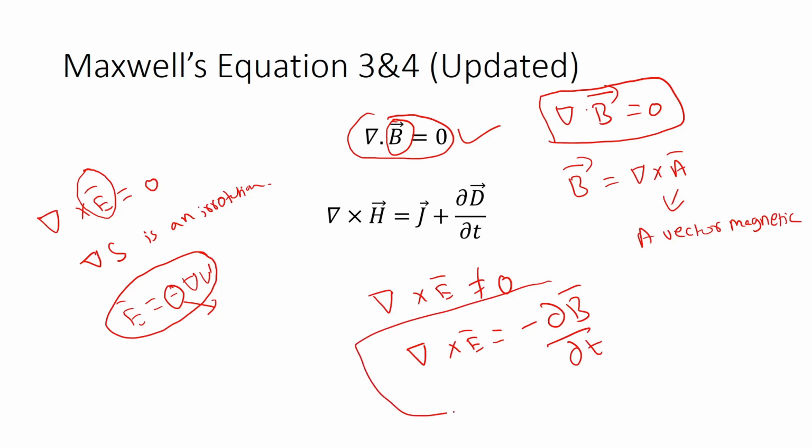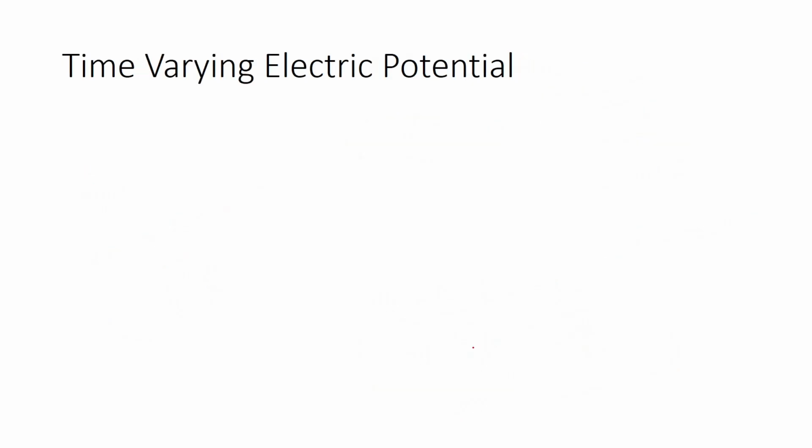Therefore, this electric field is no longer irrotational. So what is the relationship between the electric potential and the electric field in the presence of time varying fields is what we would discuss, and that is what we title the discussion called time varying electric potential.